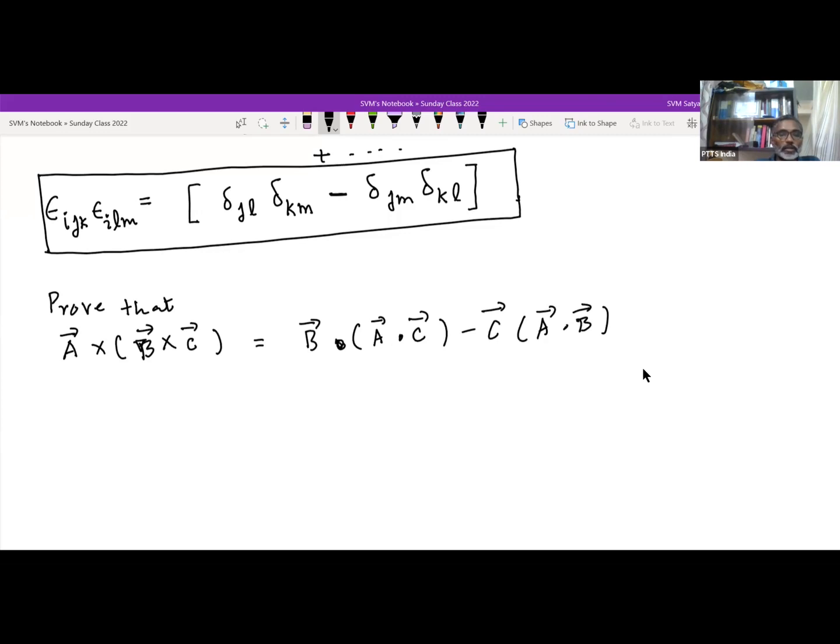You have proved this in your earlier classes on vectors. Now, how do I write this, or how do I use it in this notation?